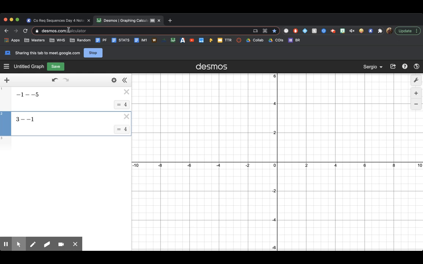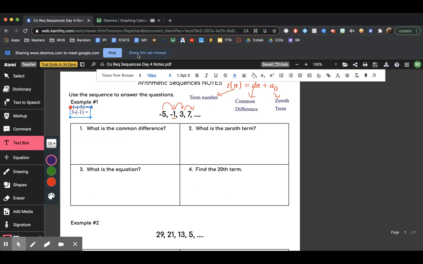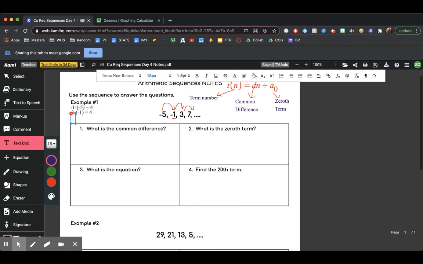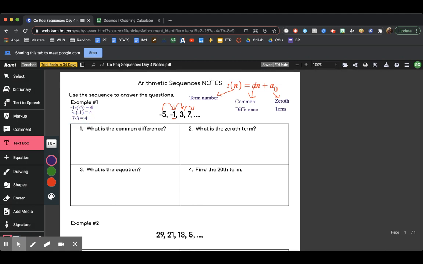That gives me again 4. Okay, so that's what I'm going to put here, 4. And if I do the last one, 7 minus the previous term, which is 3, I should get, again, 4. So since I have the same number on all 3, that tells me that, as a matter of fact, my common difference is 4. So we are adding 4 each time we are moving from one term to the next.